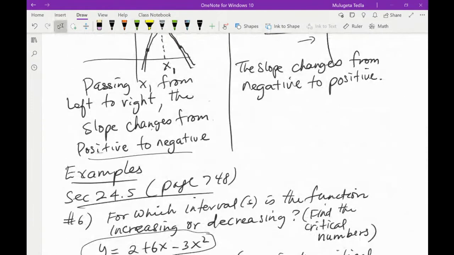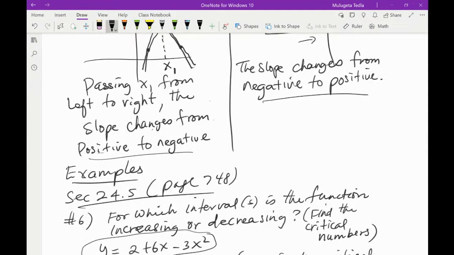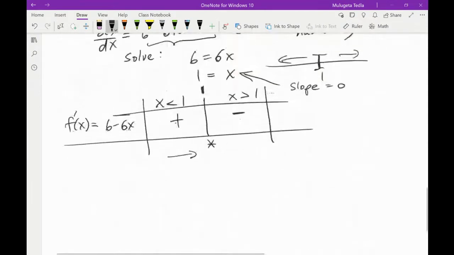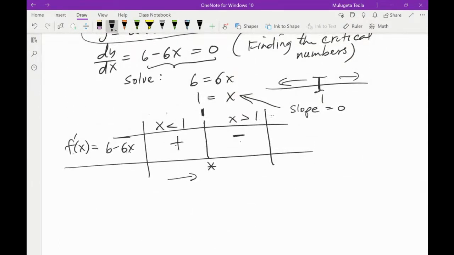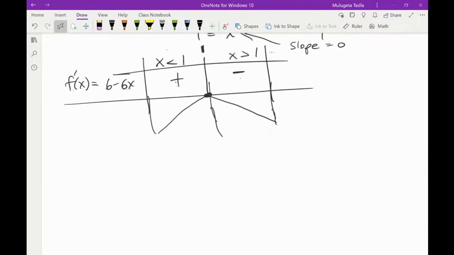When the slope changes from negative to positive, it's a minimum. So definitely this is positive, the graph is increasing like that for that interval, and decreasing like that for that interval. So that point is a maximum point. This is called a sign chart.